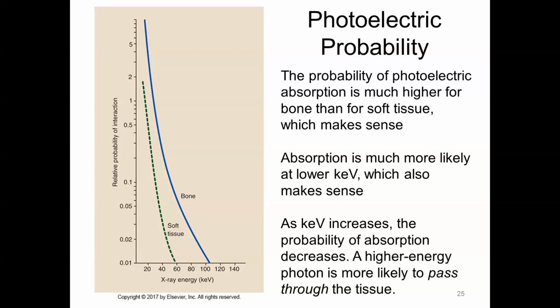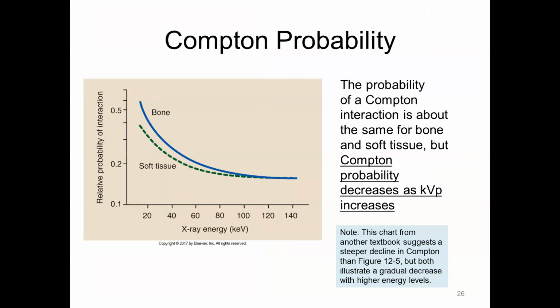You cube the atomic number, that's how much more likely a photoelectric reaction is in the bone than soft tissue. All right. Next up, the probability of Compton scatter.